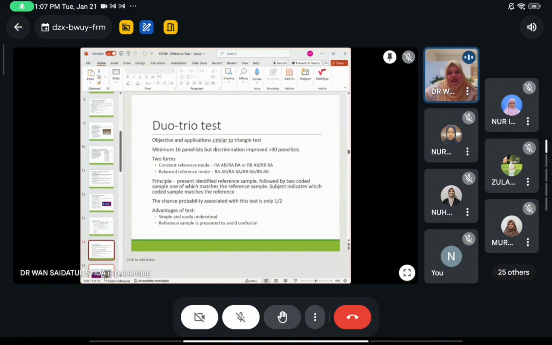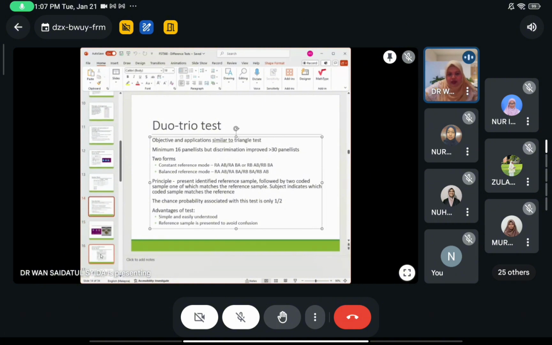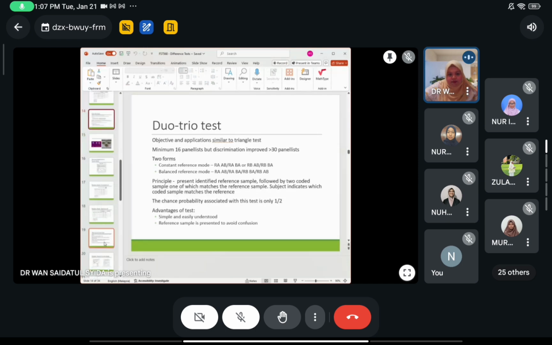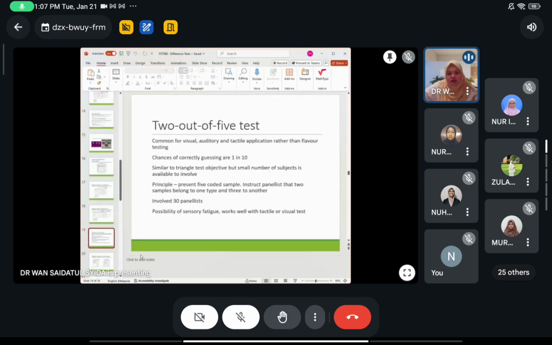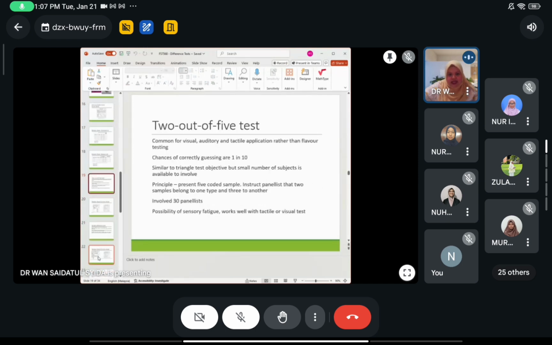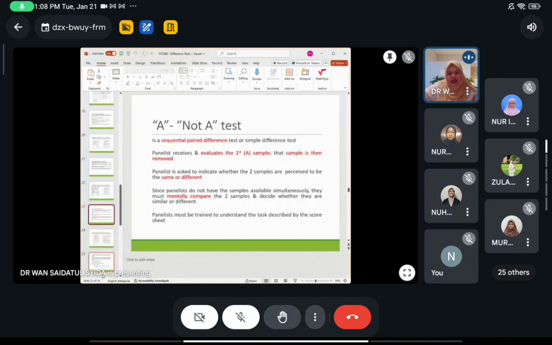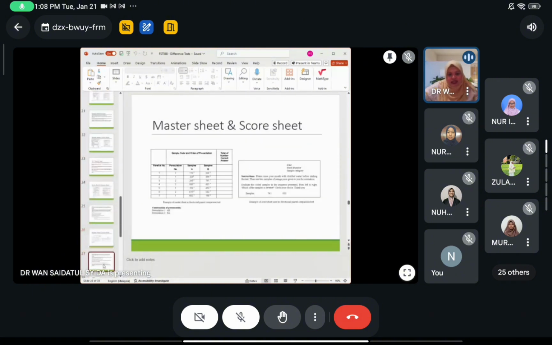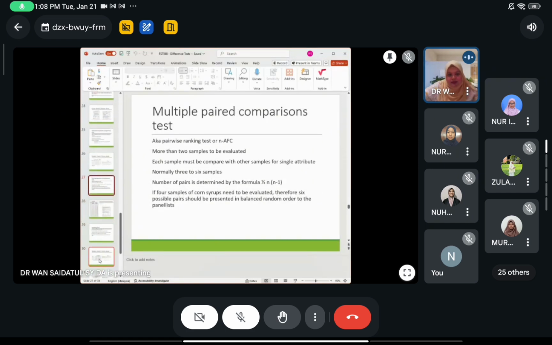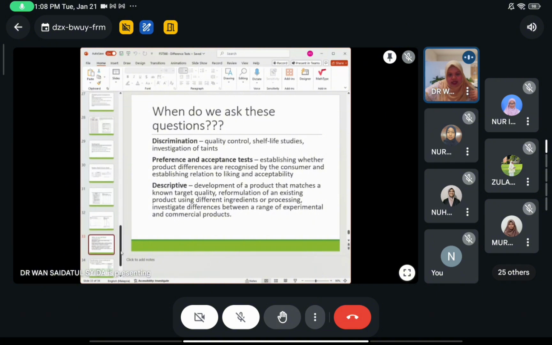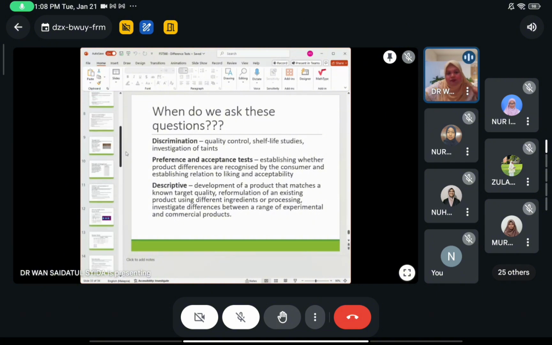The basic principle of how to conduct the duo-trio test. The basic principle for the 2 out of 5 test. And then the basic principle for simple difference tests, and then the A not A test, multiple paired comparison. I think that's all. So you have to know the principle of all the tests.